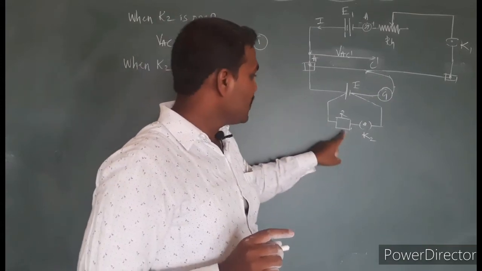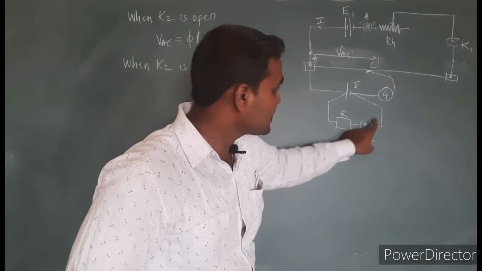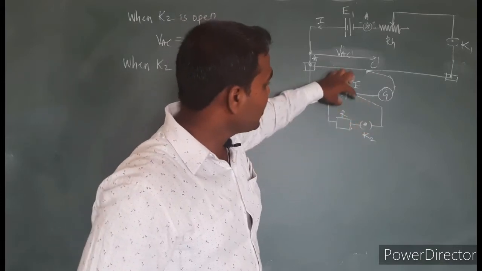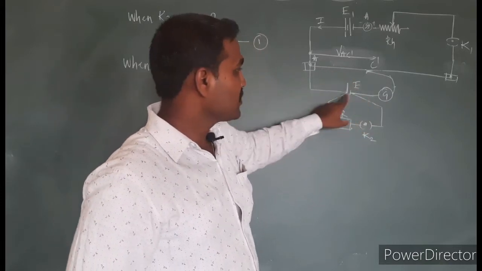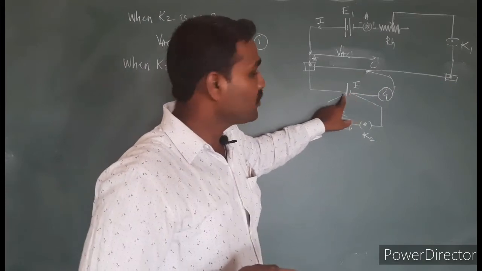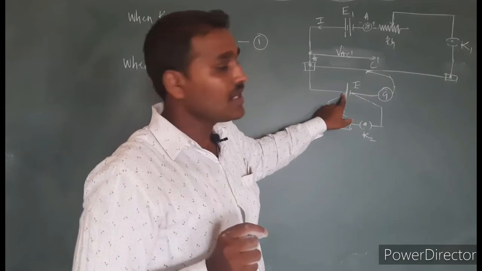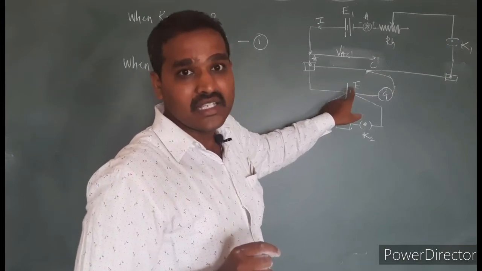Because when this K2 is closed, there is current drawn from this cell also. Whatever potential difference is measured between the terminals of the cell is the terminal potential, which will be less than the EMF.